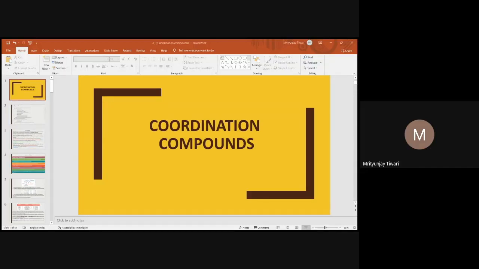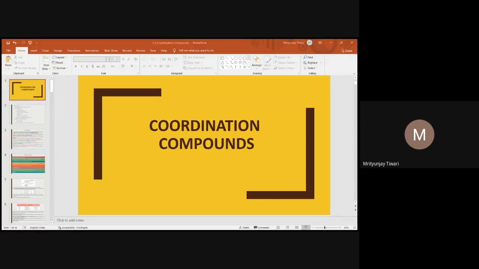This complex entity or coordination entity also doesn't have any charge, but in this case the central metal has some charge, plus 2. There are two chloride ions coordinated with the platinum, and there is no net charge. It means those two negative charges because of the chloride ions must be balanced by the charge on the platinum, and thus the platinum has plus 2 charge, because ammonia is electrically neutral.